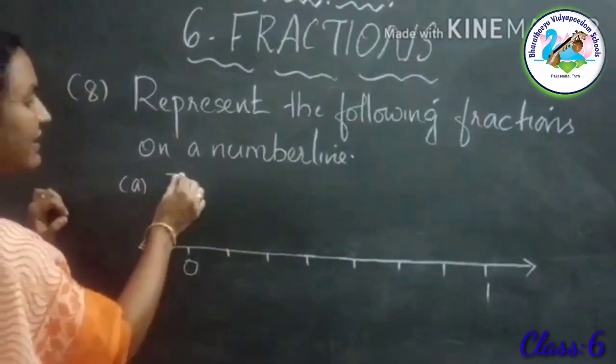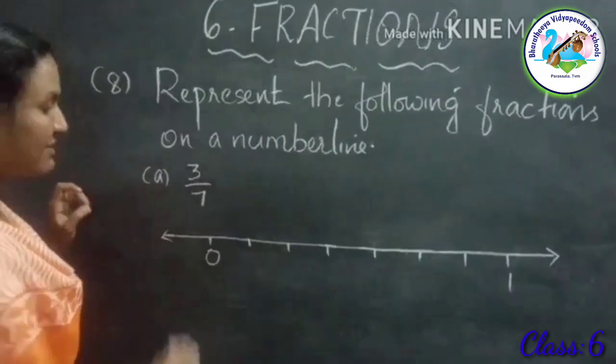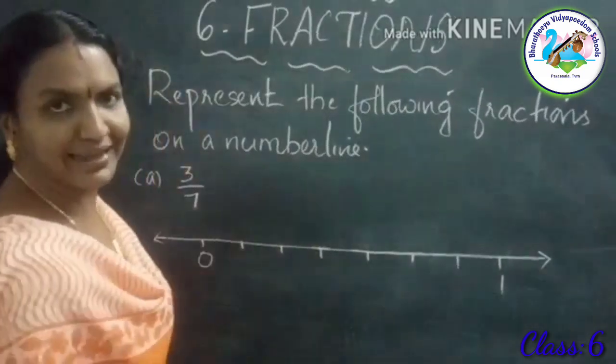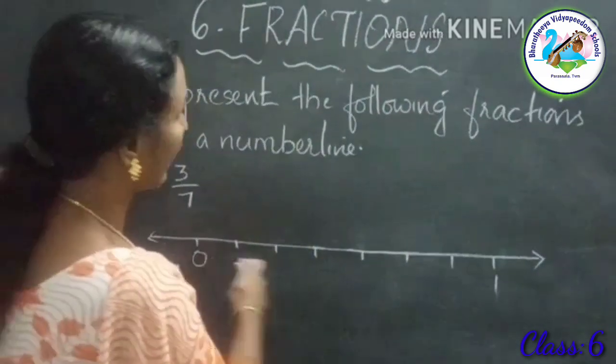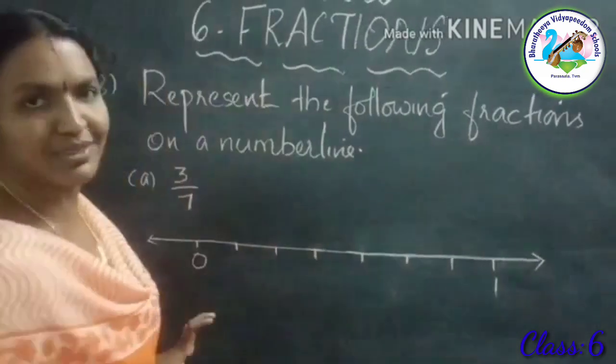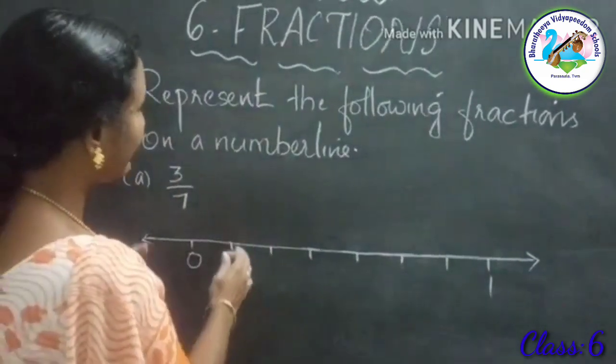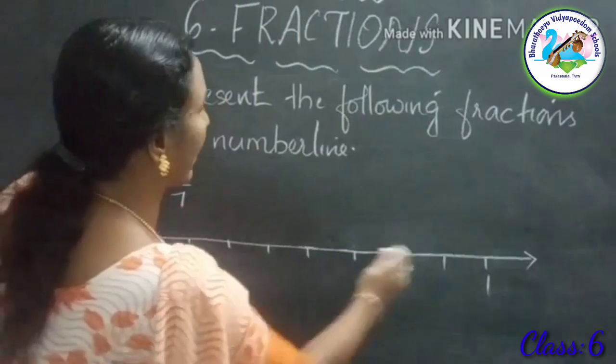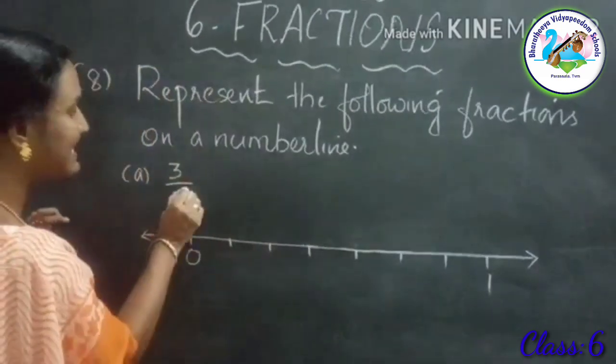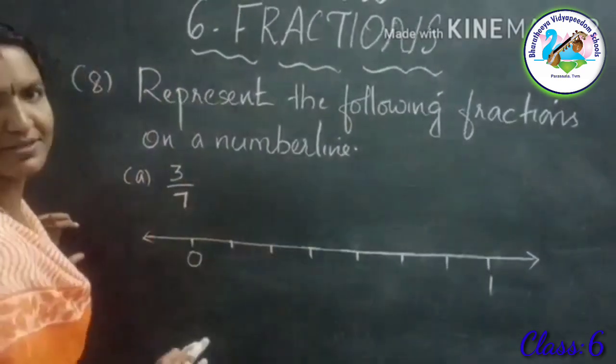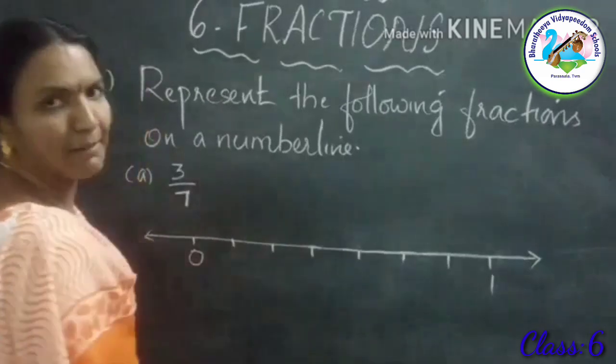Option A, 3 by 7. First, draw a line and mark 0 and 1 on both the ends. Then divide the space between 0 and 1 into 7 equal parts.